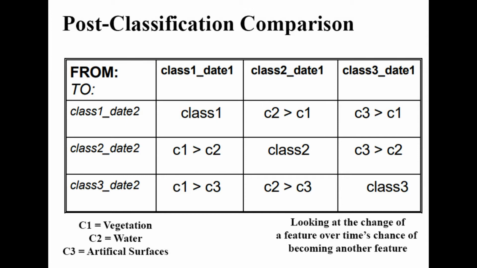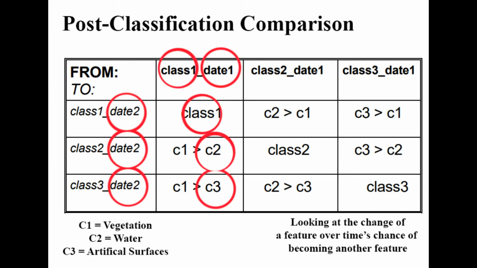So what are the features? Well, you can have class 1, 2, and 3. Class 1 might be vegetation, class 2 might be water, and class 3 might be artificial features. And so either of those classes can become something else in the new time period. So if you look at just the first column, class 1 date 1, if I had just vegetation, if I move down, it can become class 1, same thing, vegetation.